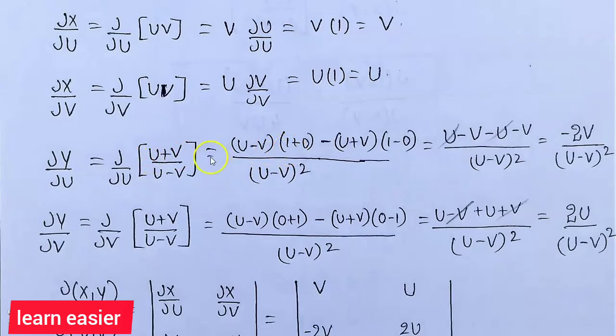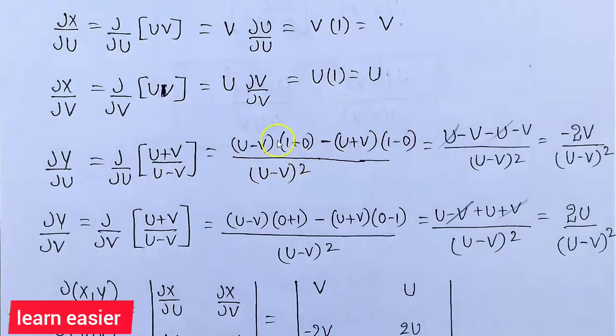The derivative of v is 0, because we are differentiating with respect to u, so v is treated as constant. Next, minus f into g dash. g is u - v, so the derivative of u is 1 and the derivative of v is 0, divided by g square, which is (u - v) square.